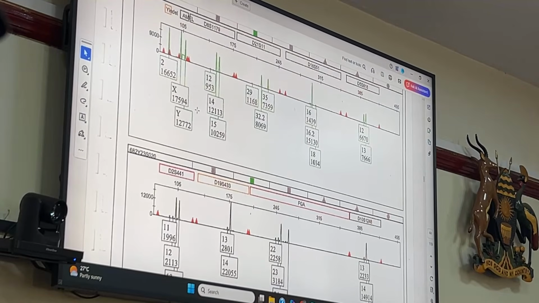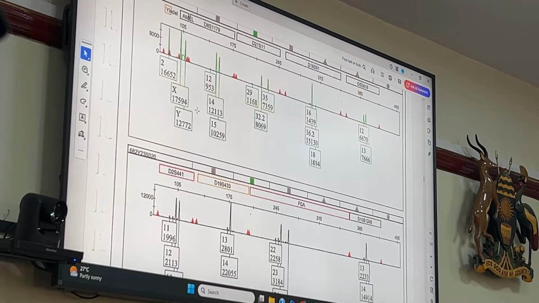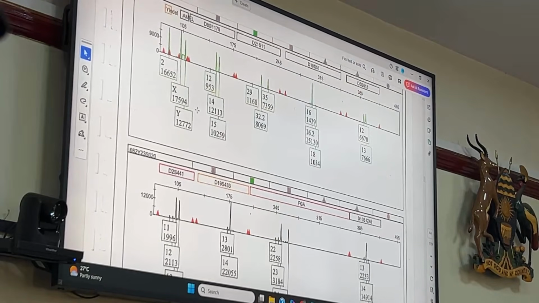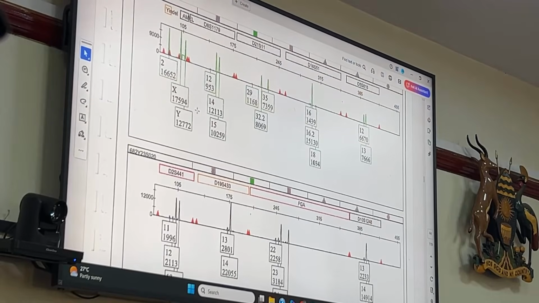It's incredibly powerful software, and it uses the information within the profile, such as peak height, to determine the frequency of each of the pieces of information with every possible combination, and then creates a final likelihood ratio of the significance of the nominated individual's DNA being present.